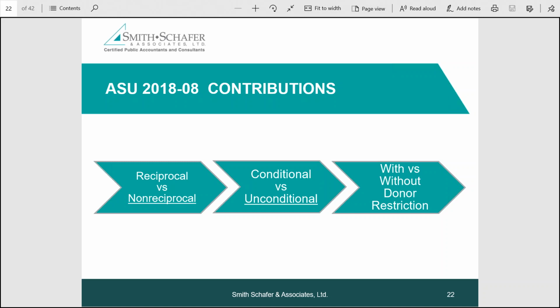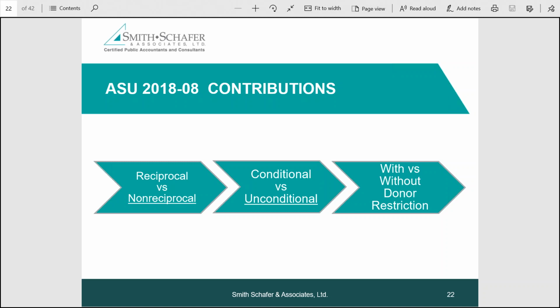We'll go over that definition in a little bit, but the important thing to note is that a condition is different than whether it's with or without a donor restriction. You can have a condition in your grant but have it not be with donor restriction. Those words seem very similar, the concepts seem very similar, but they are in fact two different tests and two different things you have to consider.